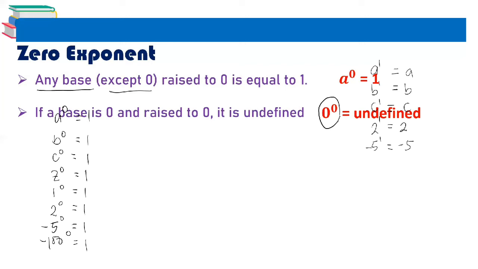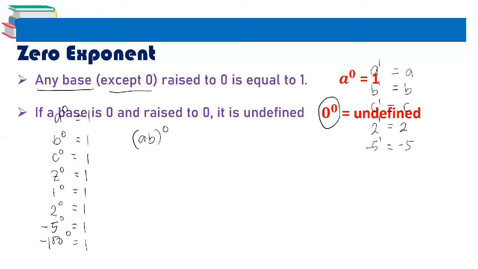Now, to further understand the zero exponent using other laws of exponent, let's have this one. If given is A times B raised to 0, ang buong base niya is nagre-represent ng ating exponent na 0. So, kapag may parenthesis tayo, ibig sabihin, yung nasa loob ng ating parenthesis is the base of our exponent.